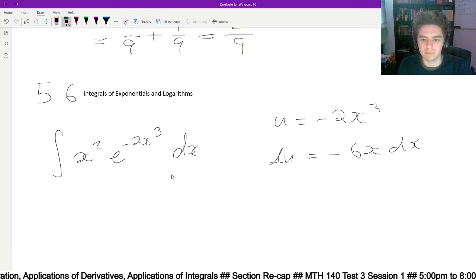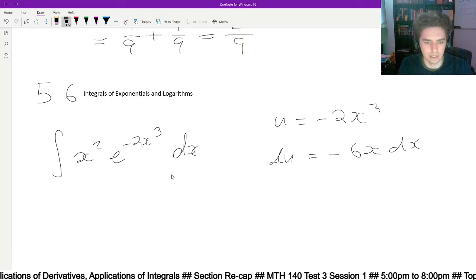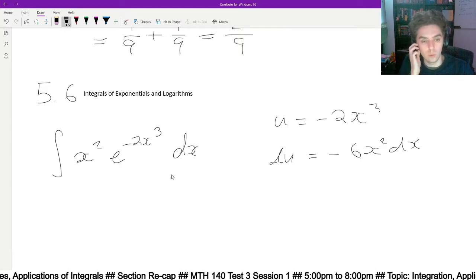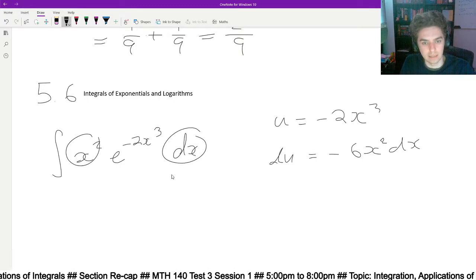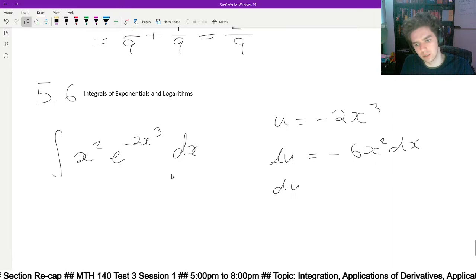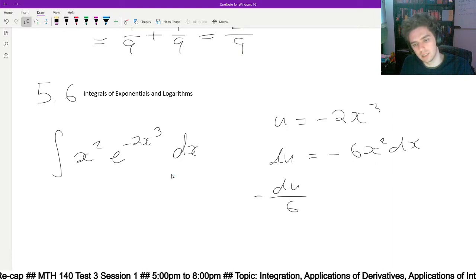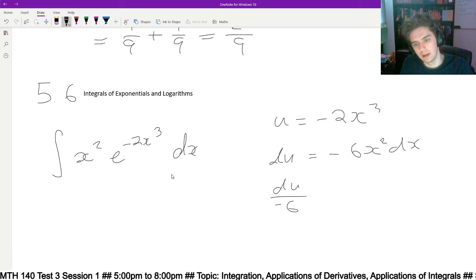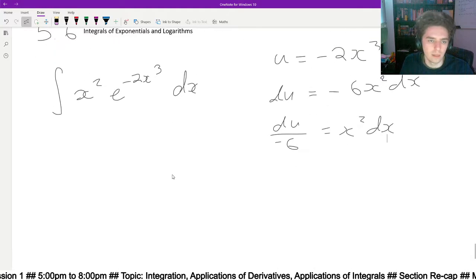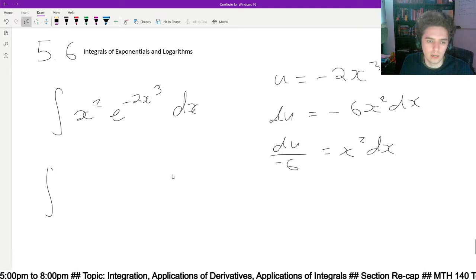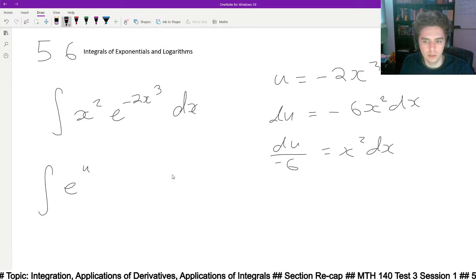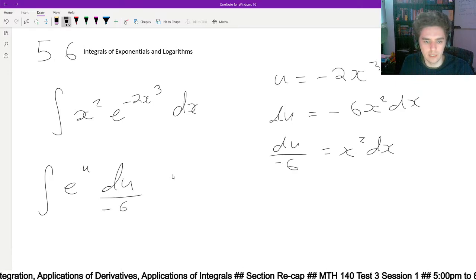So du equals negative 6x squared dx. Missed a square there. We want x squared dx to be together, so I'm going to bring the negative 6 over. And so then that's x squared dx. Great. So I can just write this as the integral of e to the u du over negative 6.